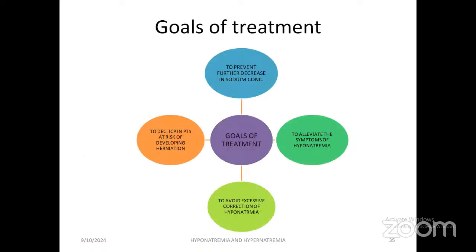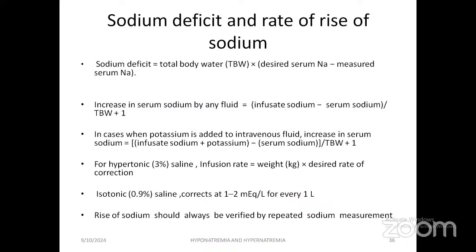Coming to goals of treatment. The goals of treatment of hyponatremia are to prevent further decrease in sodium concentration, to decrease ICP in patients at risk of developing herniation, to alleviate the symptoms of hyponatremia, and to avoid excessive correction of hyponatremia. Sodium deficit is calculated by total body water into desired sodium minus measured sodium.